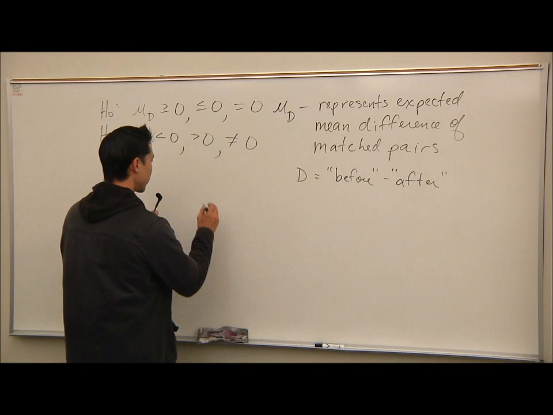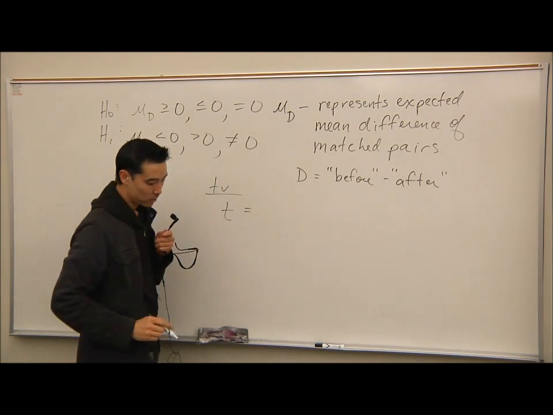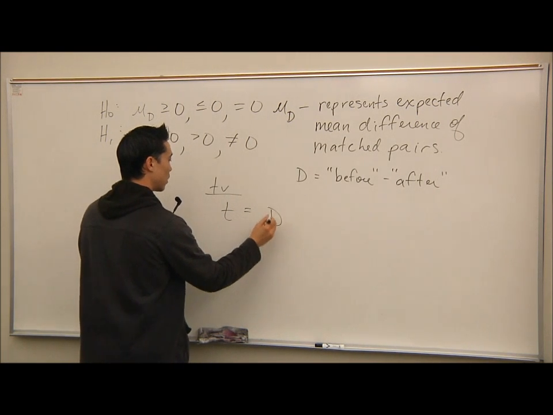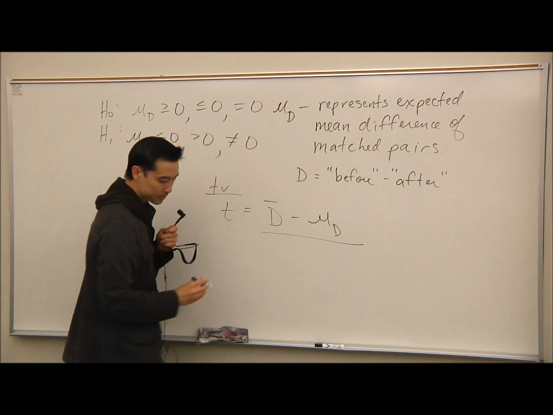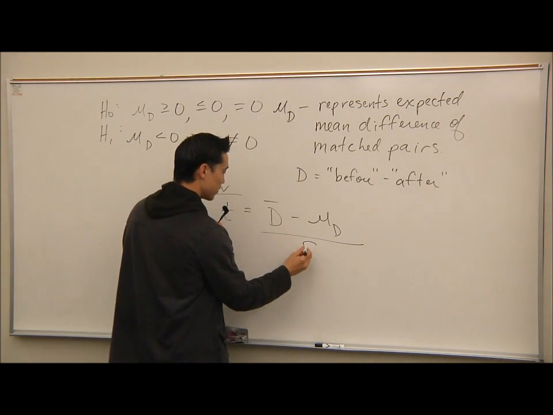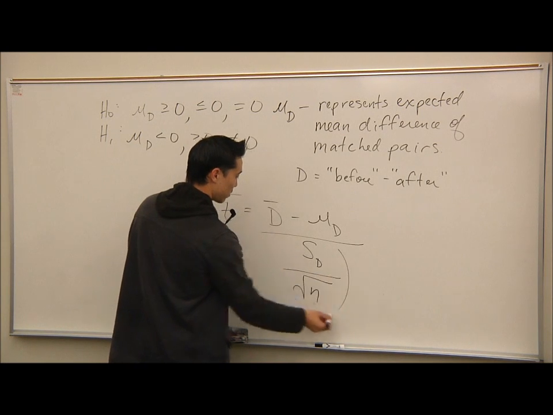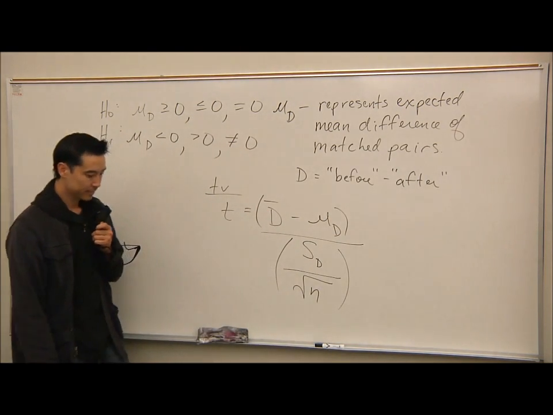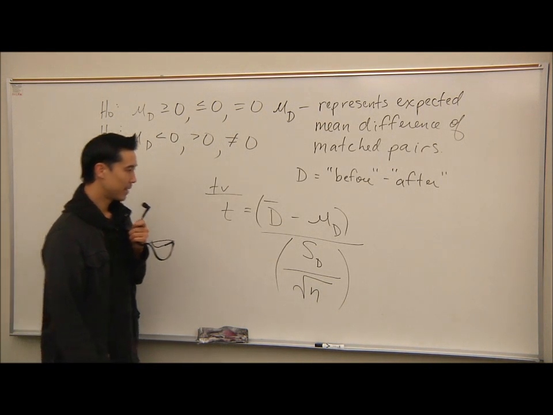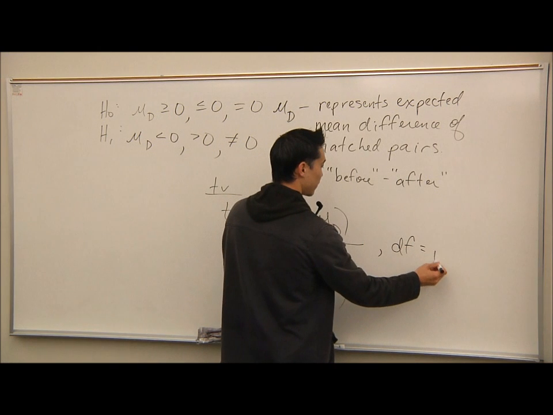Here's what your t-test formula looks like. It's a test value, and it looks like this. T equals d bar minus mu sub d divided by s sub d divided by square root of n. And all of that's in the denominator, and all of that's in the numerator. Okay? And then, of course, if it's a t-distribution, we have degrees of freedom.